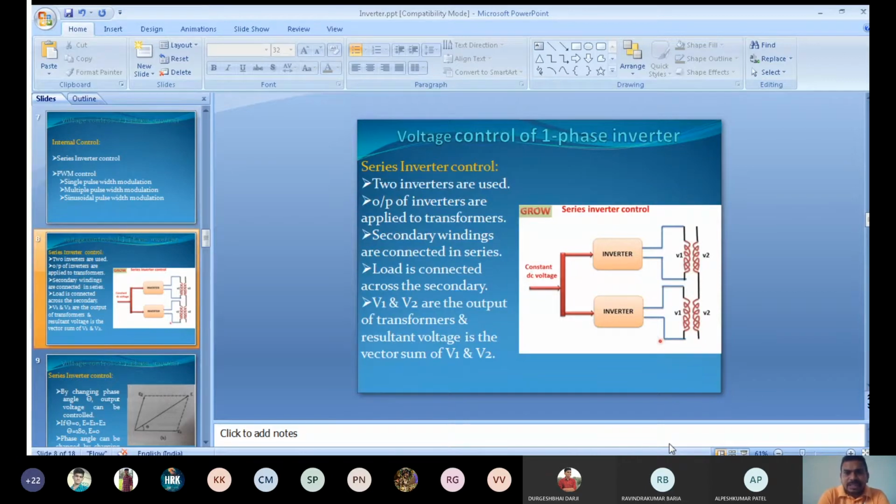So look at this figure. Here assume that this is the upper transformer, transformer T1, and this is the transformer T2. This is the primary voltage of transformer T1, and this is the secondary winding or secondary voltage.